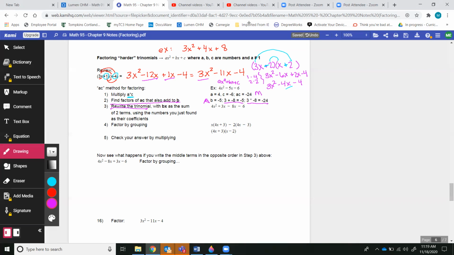So I found 3 and -8. So 3 plus -8 we know adds up to -5. I'm just splitting that into two things that add up to it. So 4x squared plus 3x minus 8x minus 6 means exactly the same thing. And if you remember, this is kind of the step that we came into on our factoring by grouping. Let me just scroll back there for 1 second.